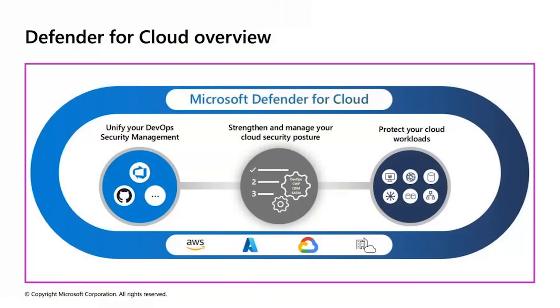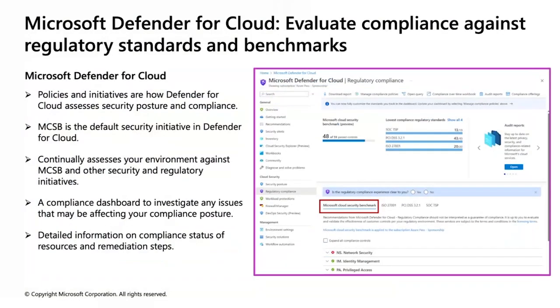So this is a very good solution when you are looking at how we can check regulatory standards and benchmarks, with the recommendations you see on screen. In Microsoft Defender for Cloud, policies and initiatives are how Defender for Cloud assesses the security posture and compliance.